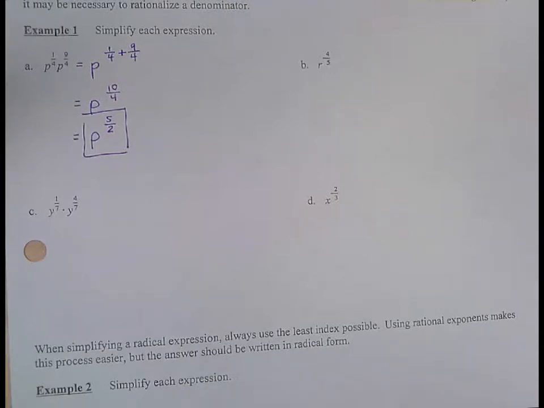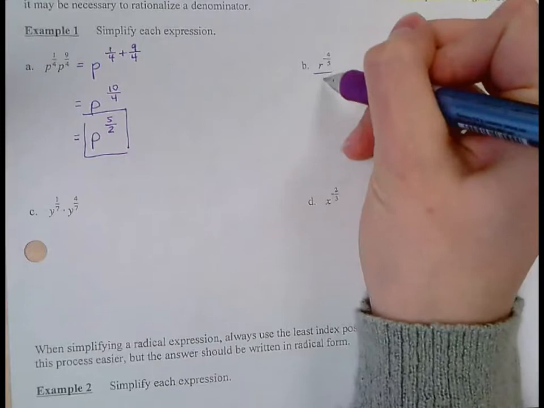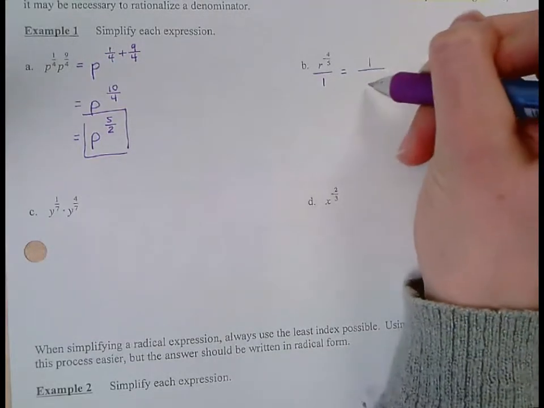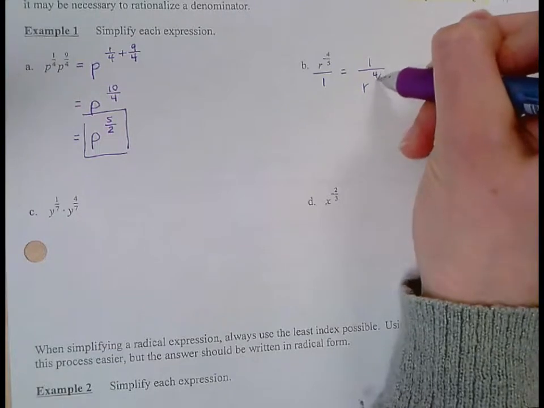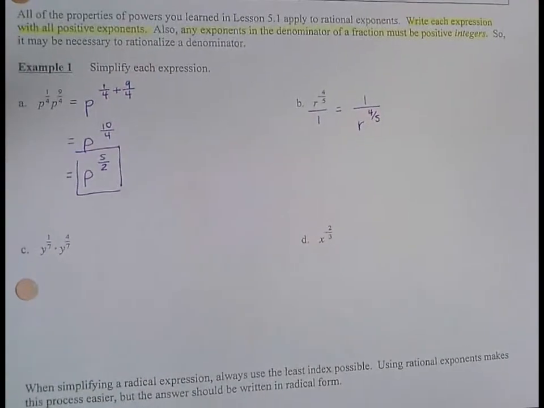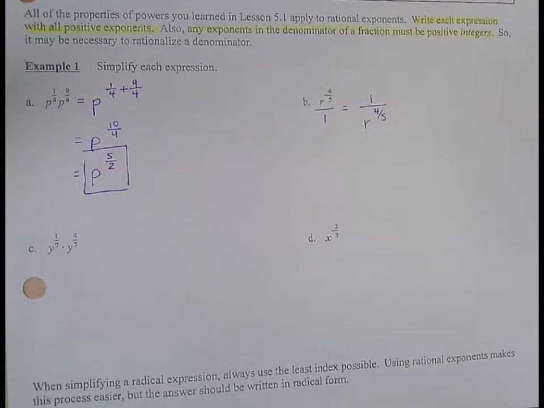Not multiply by the reciprocal, but just take the reciprocal. You just flip it. So it would be 1 over r to the positive 4/5. So by moving it to the denominator, or taking the reciprocal, you are changing the exponent to be positive.